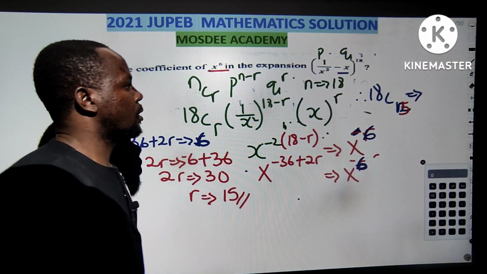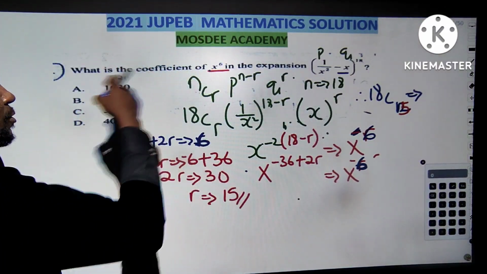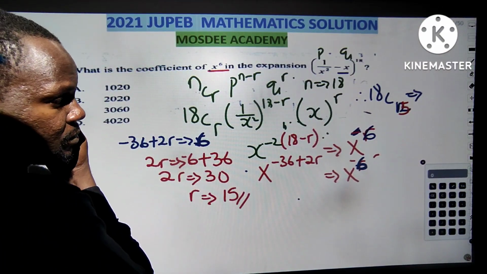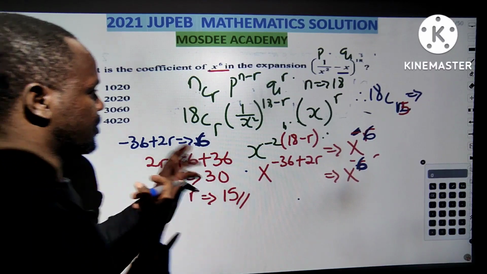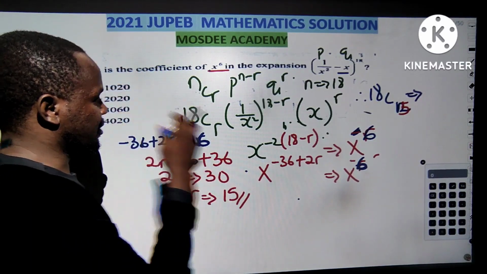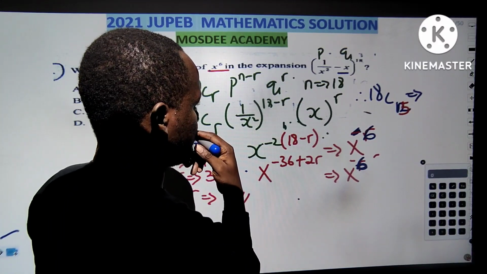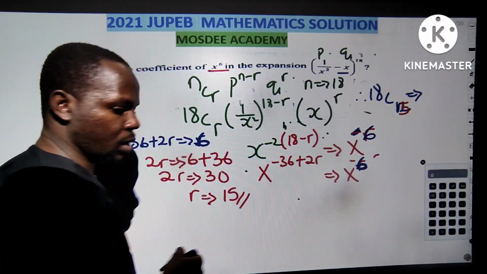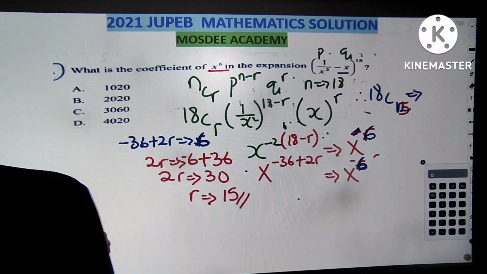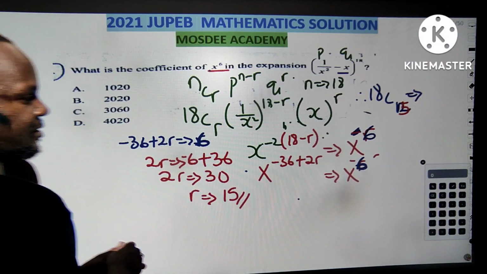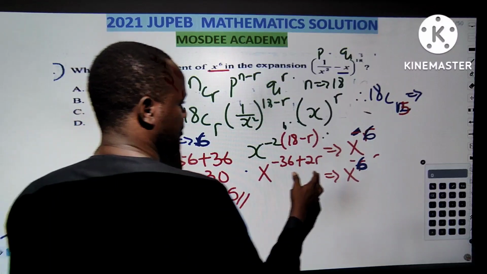So now, let's say we are taking n is 18, we are looking for the sixth term, and 18 combination r is isolated. So I said x raised to power x squared is minus 2 equals to, wow. I've seen my error. And that's one thing about me. This is indices which I didn't finish.